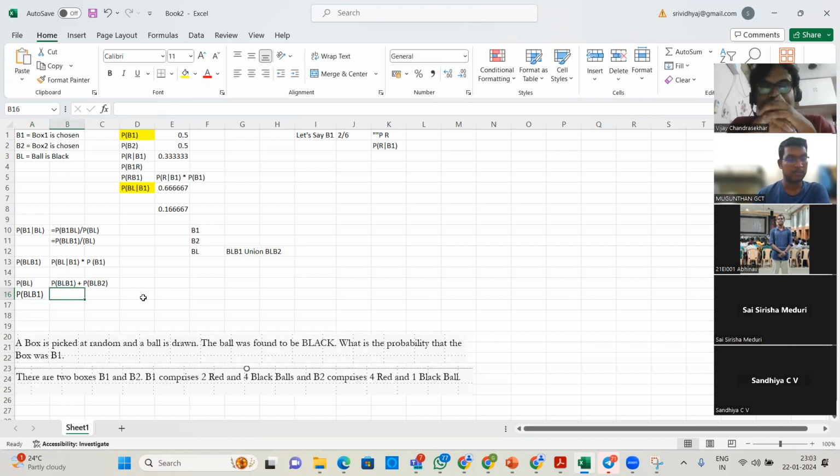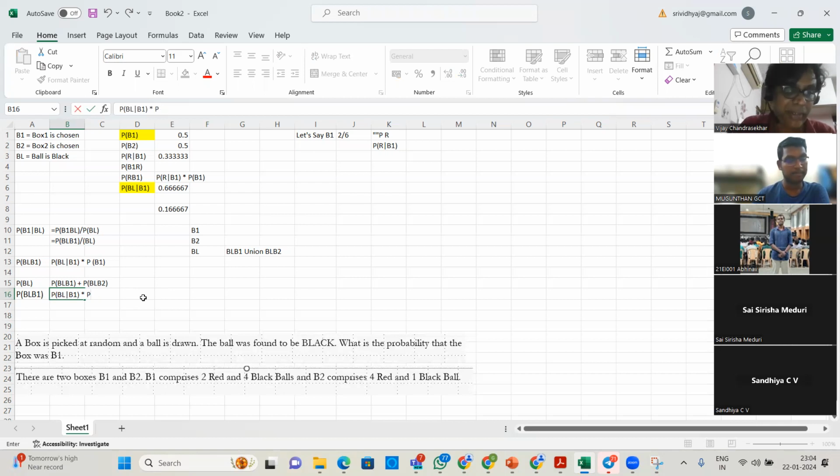I want to write this in a way such that it's easy for me to calculate. So how do I write it? Do I write it as BL given B1 multiplied by probability of B1, or do I write it as B1 given BL first? Which one is easier to write? BL given B1 is easier, right? Because you write probability of BL B1 as probability of BL given B1 multiplied by probability of B1.